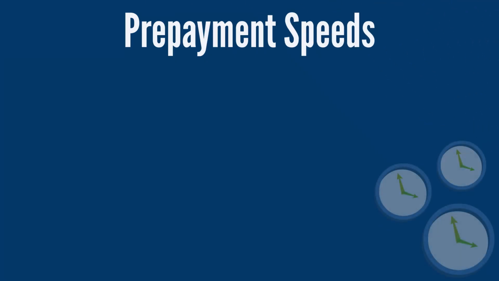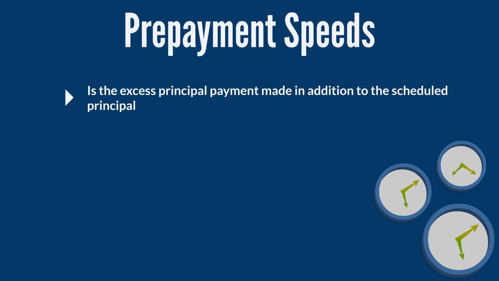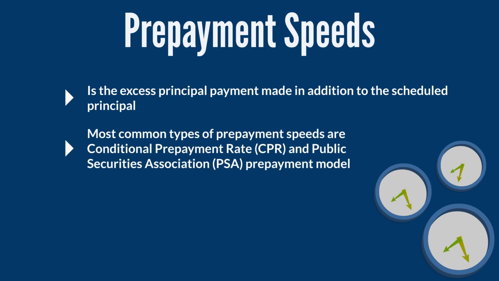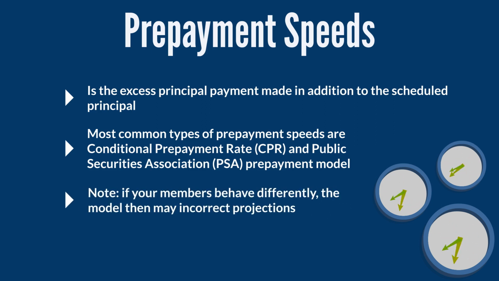One modeling assumption that can have a significant impact on the modeling results is the prepayment speeds used in the model. These speeds reflect the projected amount of excess principal made in addition to scheduled principal on loans and mortgage-backed securities. In many models, national averages are provided for the various loan types. But if your members behave differently, this may cause the model to make incorrect projections, which may over or understate your cash flows.